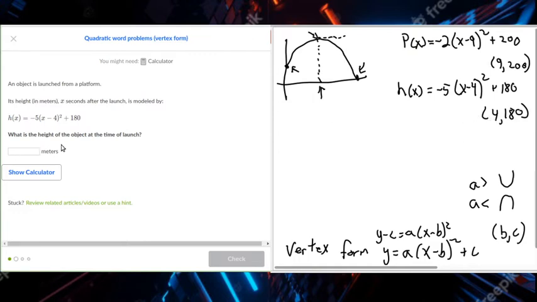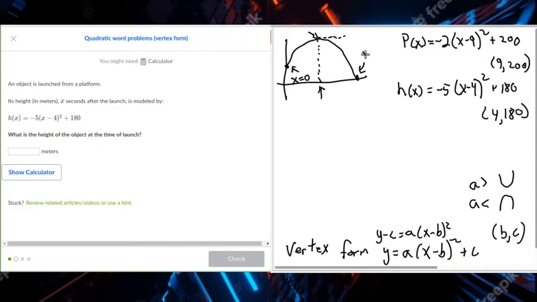So what was the height of the object at the time of launch? We're asking for this right here. We're not asking for how high it is. We're asking at the time of launch, at the start, where was it? How we solve those start problems is we set x equal to 0.